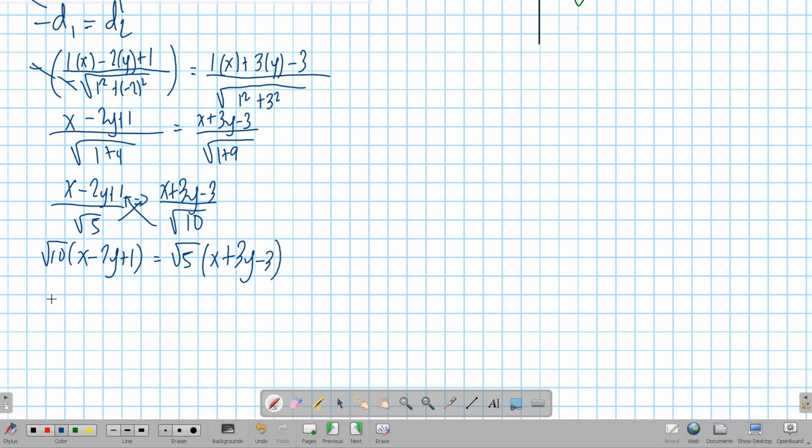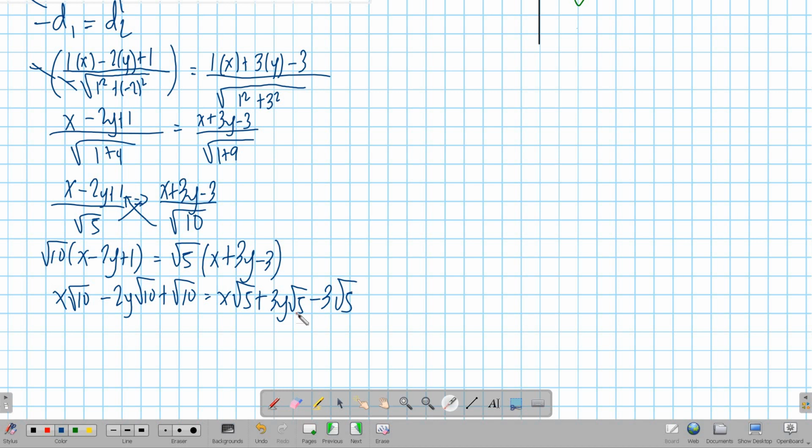So distributing this, we're going to have x square root of 10 minus 2y square root of 10 plus square root of 10, sinusulat ko lang siya in conventional order, is equal to x square root of 5 plus 3y square root of 5 minus 3 square root of 5. So, ngayon, dito pwedeng mag-iba-iba because you can transpose this one to this side or transpose this to the other side.